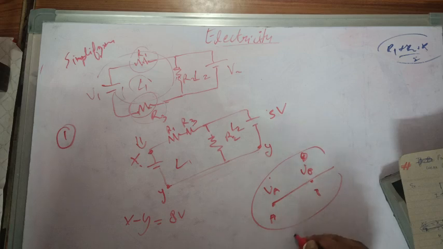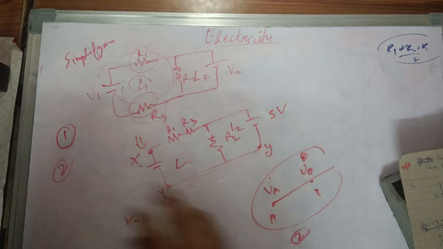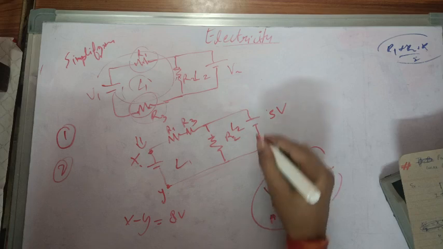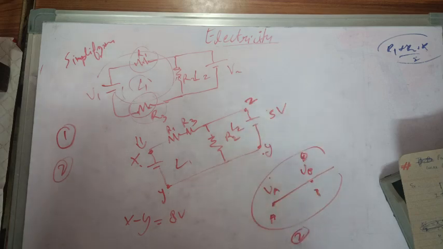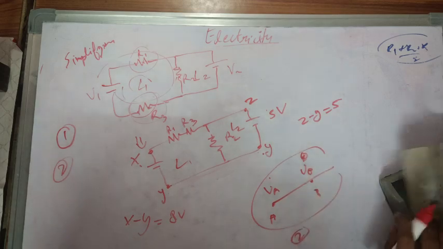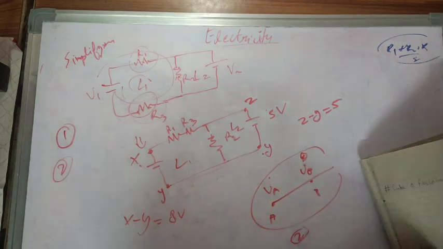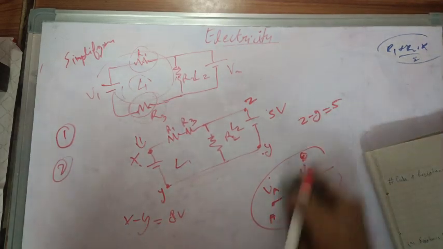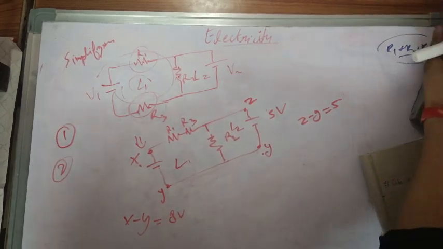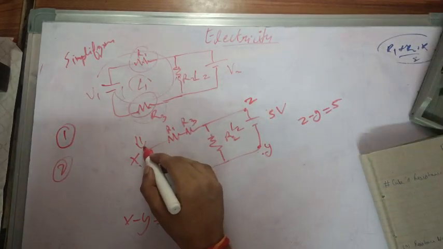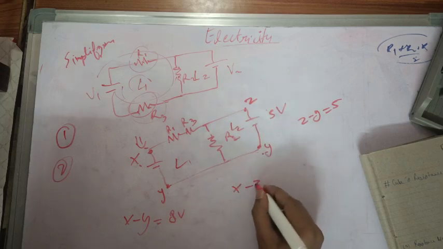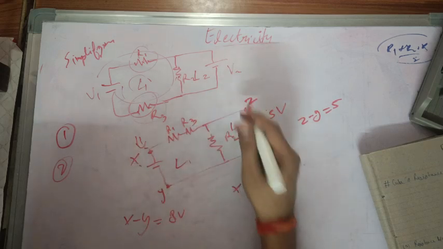This is the second point, and therefore this would be at Y potential, and let's say this is at Z potential. Z minus Y should be equal to 5 volt. Now what I can do is that the current from this point to this point can be written through the potential difference X minus Z between these two.